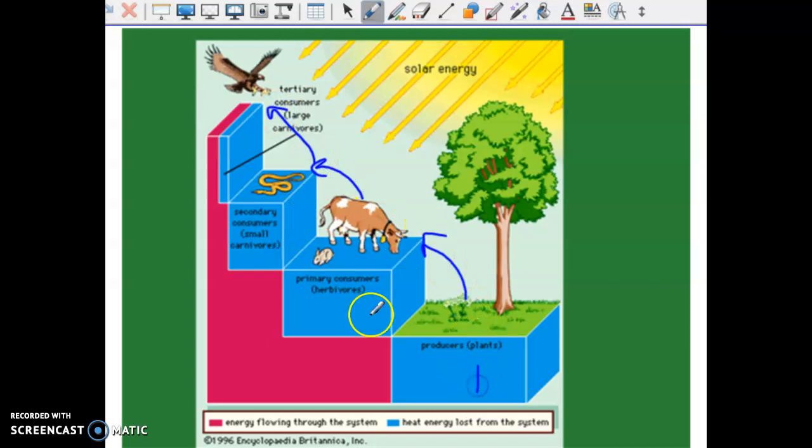So here's trophic level number 1, trophic level number 2, number 3, and number 4. So this is just a representation showing you that there is less and less energy available as you go through the different levels. Okay, remember that magical number is 10%. So 90% of the energy is lost in terms of heat, right? Heating up the organism and through digestion.